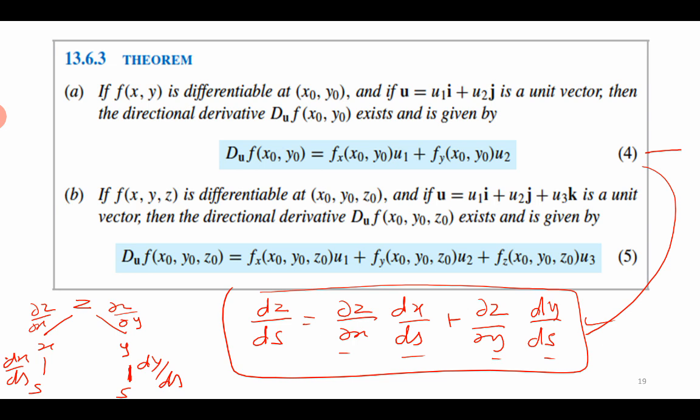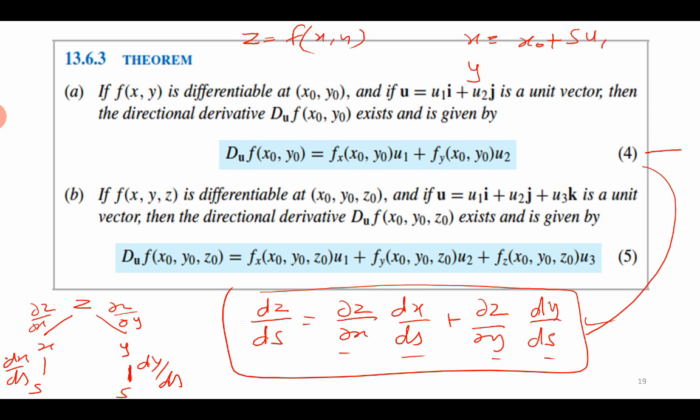So let me write some more points on this same page. What is z? z is a function of x and y, and x is a function of s, which is x0 plus s times u1.